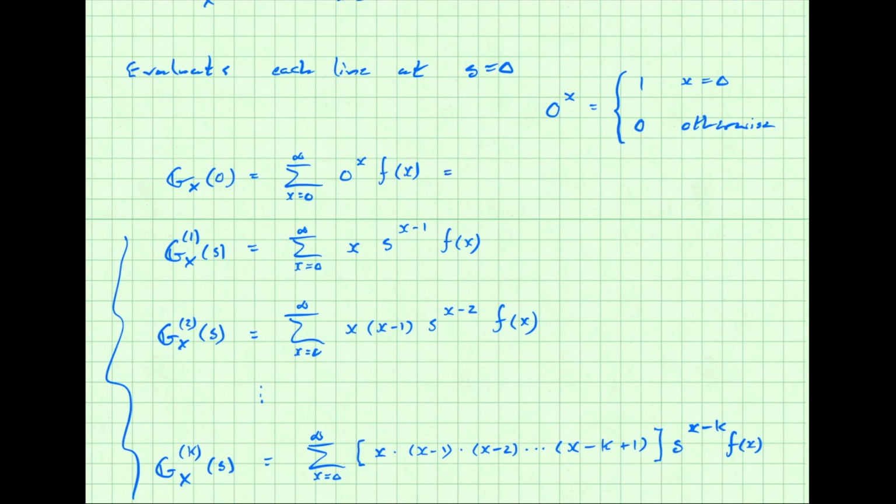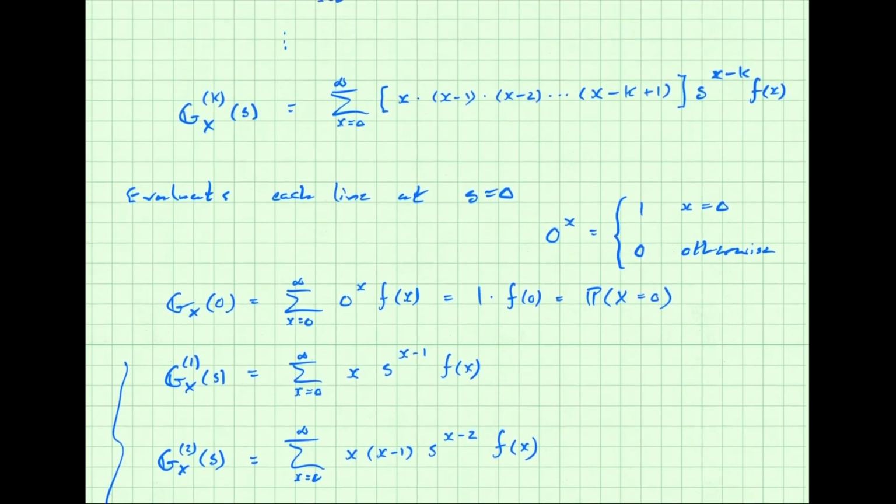And so this guy becomes just 1 times, so that's 0 to the x, right? F at 0. And what is f at 0? That's the probability that x is equal to 0, and so that's checking the very first line.